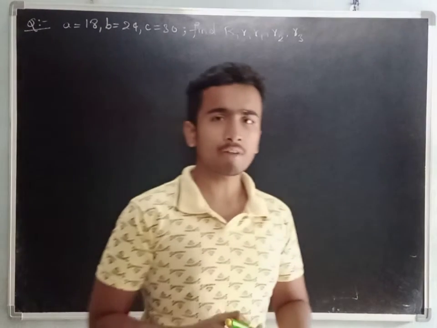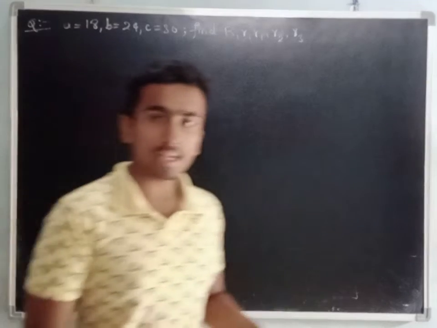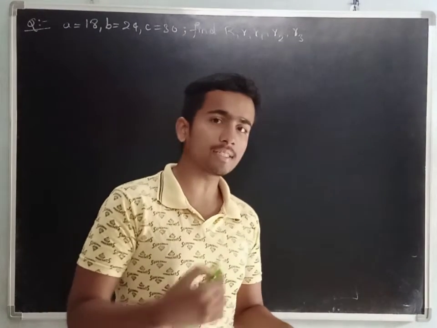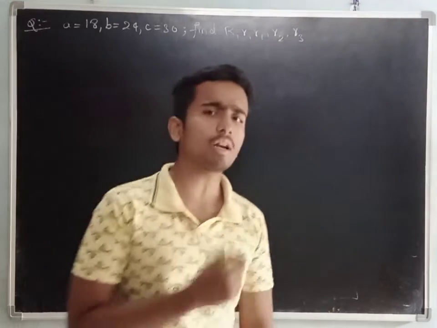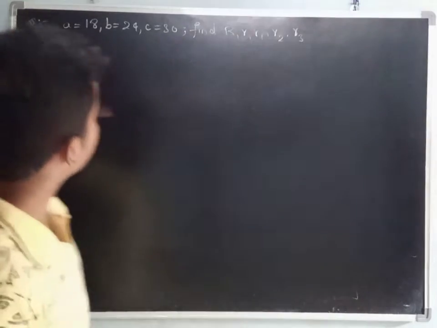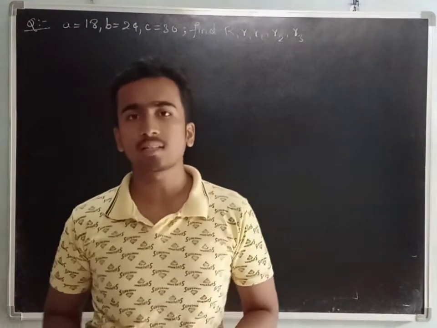In the previous video we discussed some of the derivations, and I made a simple summary of all the results regarding the exradii of the excircles, that is R1, R2 and R3. If you check my previous video, I have written all the possible results regarding the exradii of the three circles.